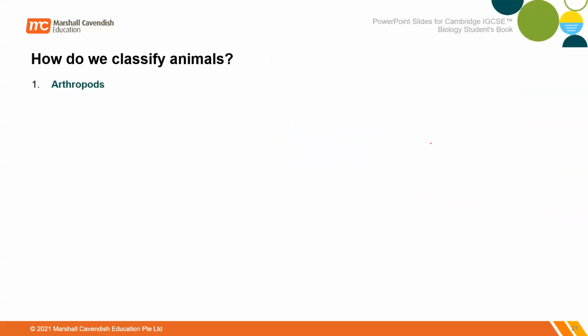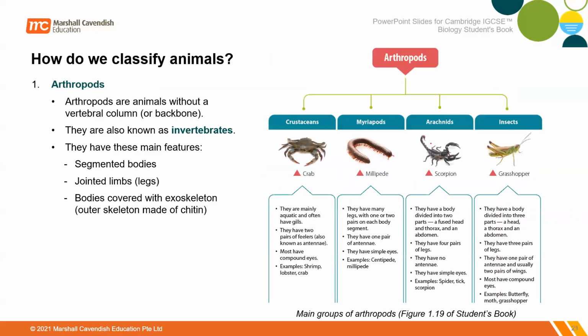Okay, for the classification of animals, those are the groups of arthropods that you have to understand and then memorize. Even when I studied this part, I tried to keep one example in my mind, and that's why I can memorize all of the characteristics. Arthropods have no backbone, so they are invertebrates.